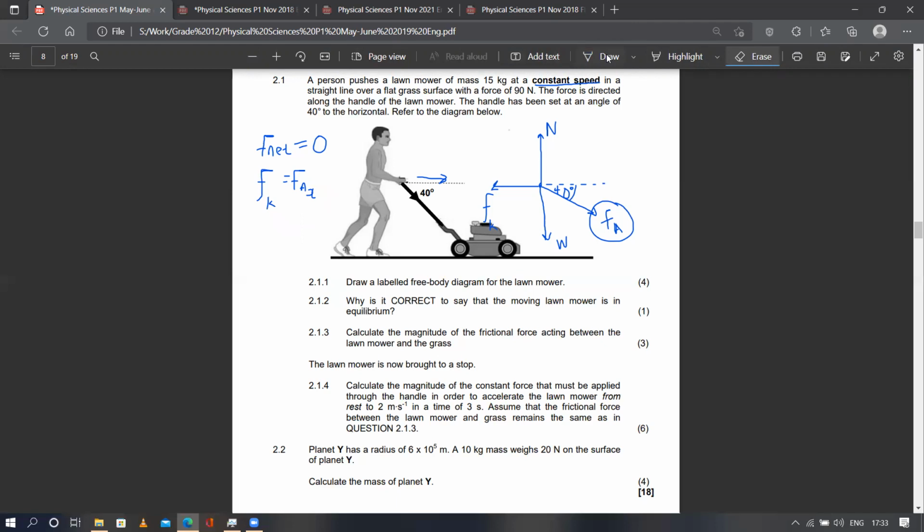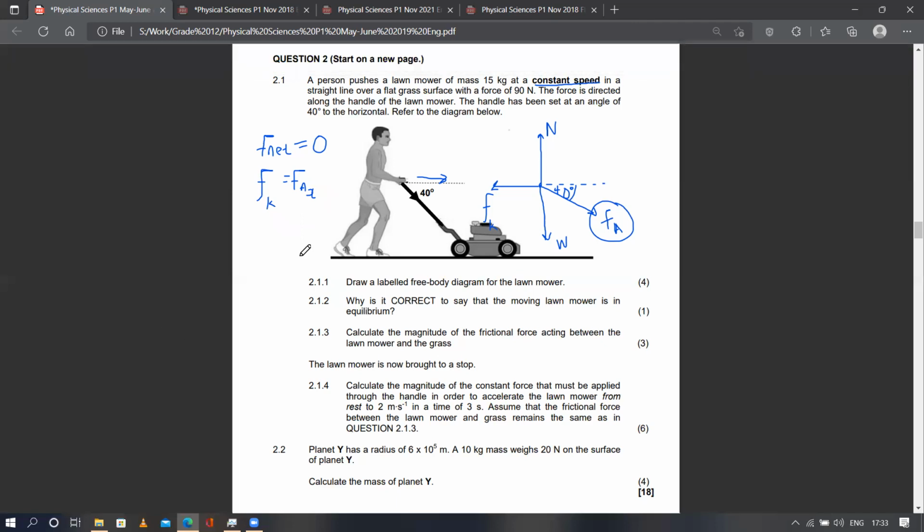So now we know that our kinetic friction is going to be equal to the x component of the force that's being applied. So our kinetic friction is going to be equal to 90.